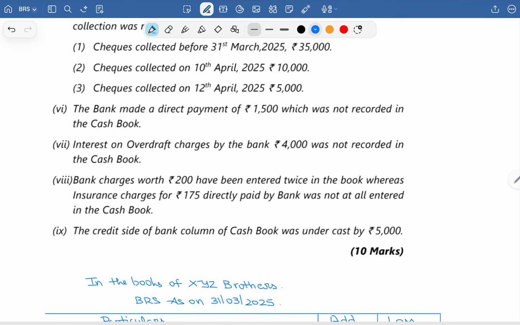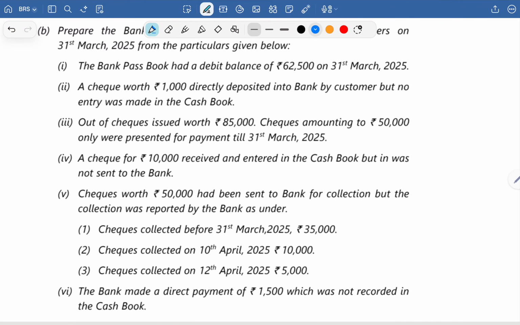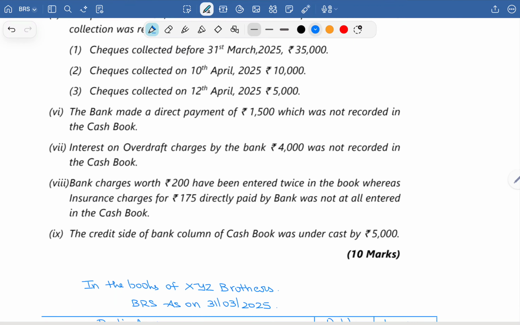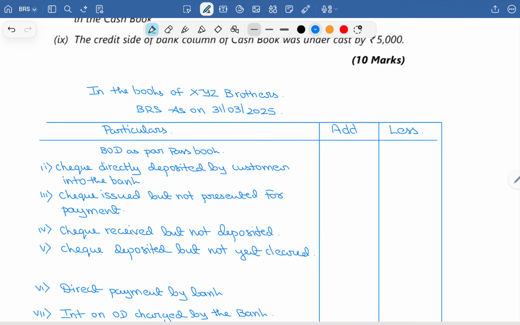Whenever it is a bank overdraft, we will write it as a negative amount. So I will write 62,500 in the less column because it is a negative amount.